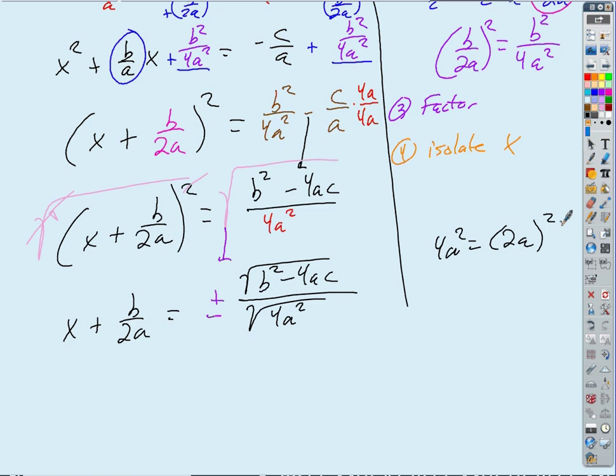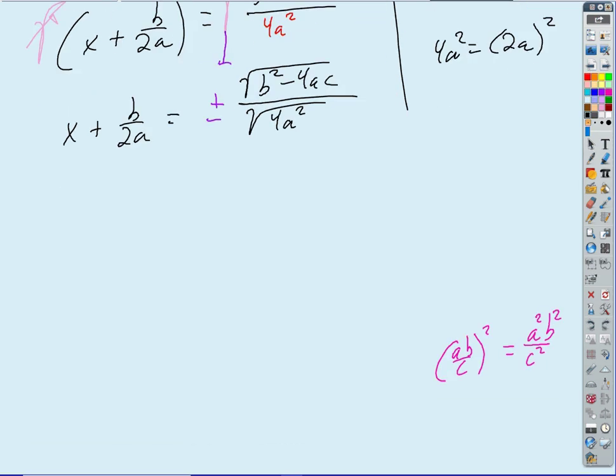Right? So if I square root that, I'm just canceling the square. It's the same thing as saying, what's the square root of 4? 2. What's the square root of a squared? A, right? So look what we got here then. This is getting better.